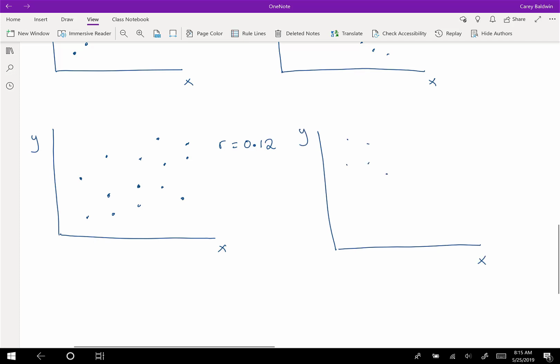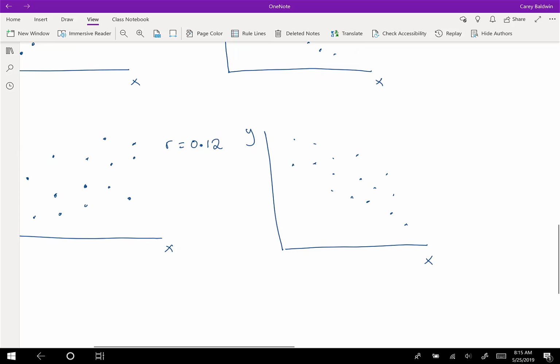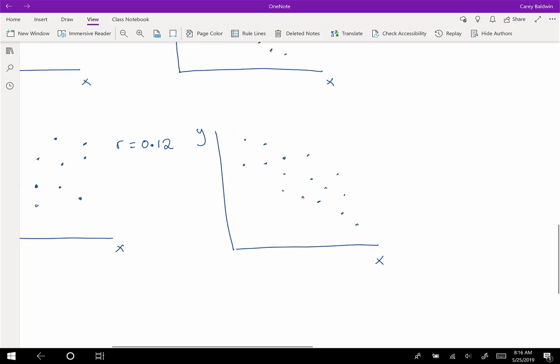And then we get values somewhere in between. Here I have a scatter plot that suggests there is an association, but we also have some error, right? So knowing x does help me predict y a little bit, but my predictions for y would probably be off by a certain amount.